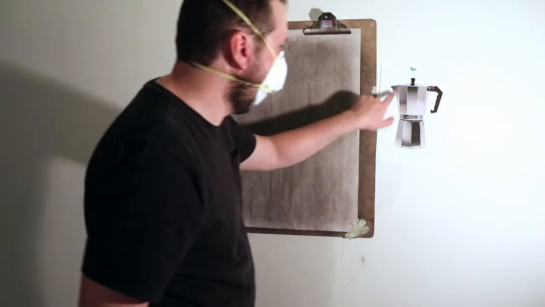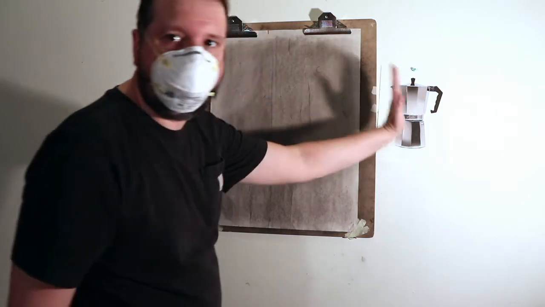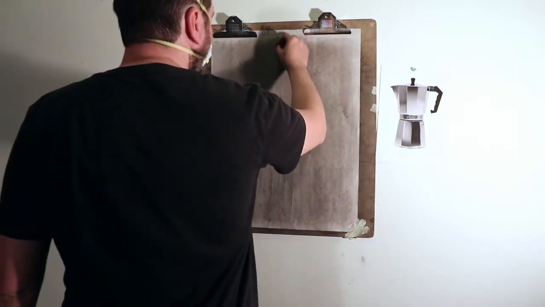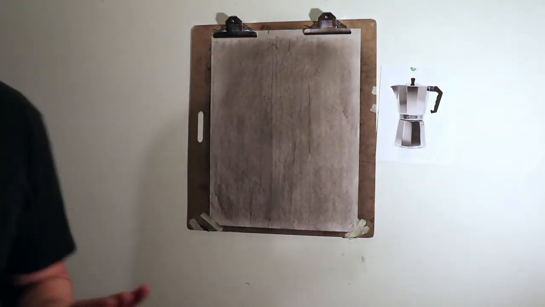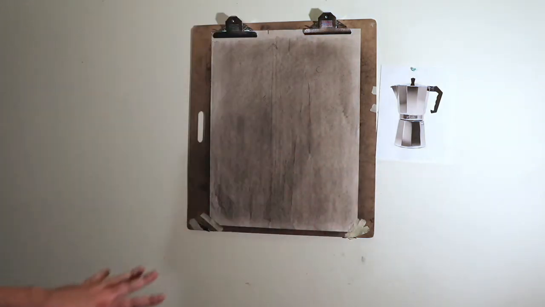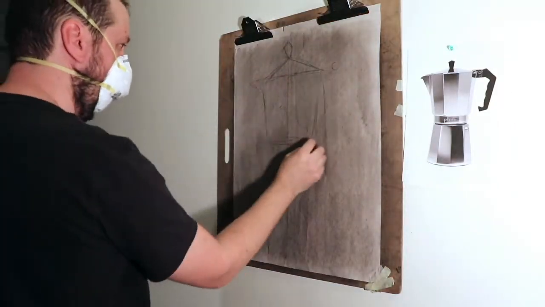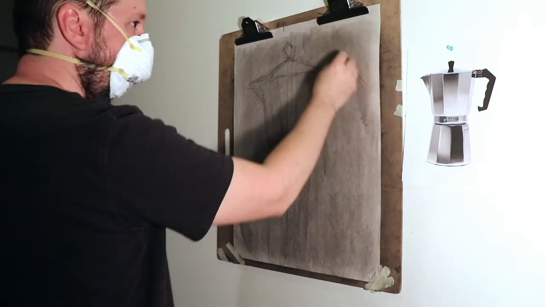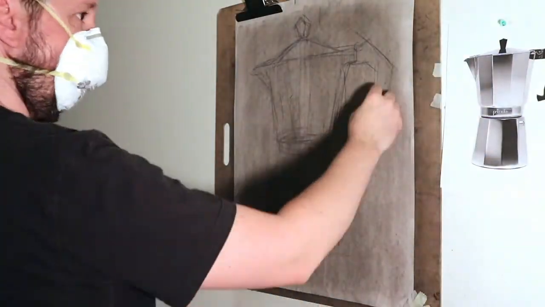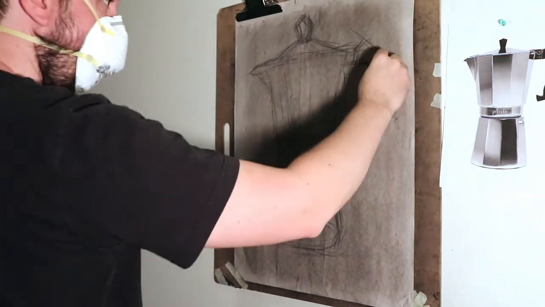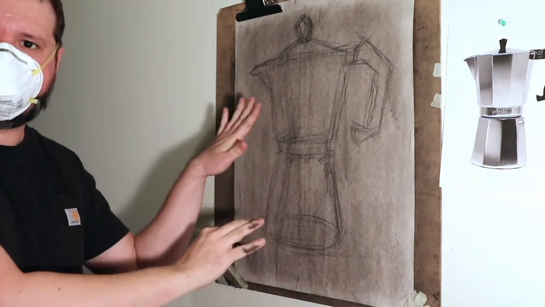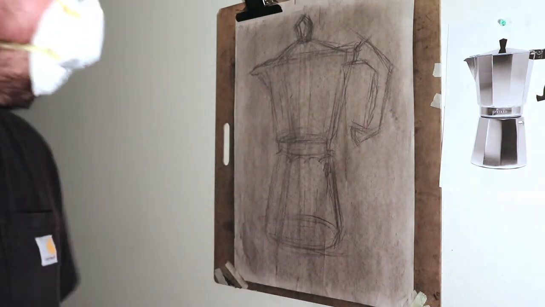So keep in mind all this area here is symmetrical. So take the time, sketch out the entire pot, make sure you're going really light. I've got a rough sketch of the pot.